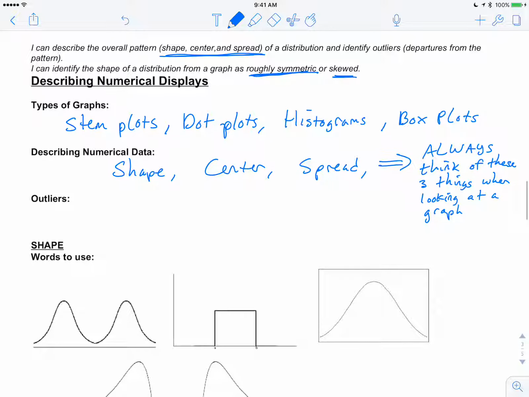We're going to look at the outliers as well. These are points or values far away from the majority of the data. So things that just don't look like they fit in, that's going to be an outlier.